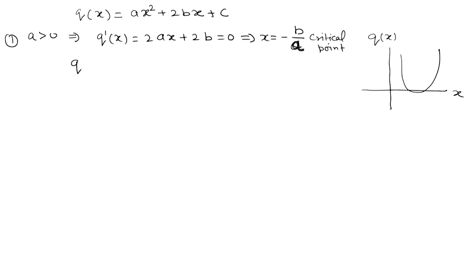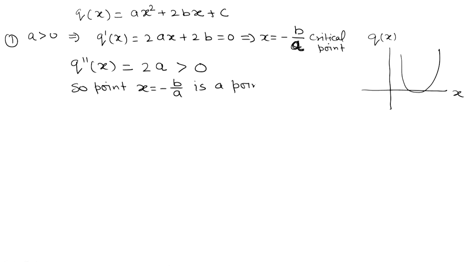Now if I check the sufficient condition of minimization, the double derivative of q with respect to x is 2a, and if a is positive, then 2a is also positive. So the point x equals minus b upon a is a point of minima.